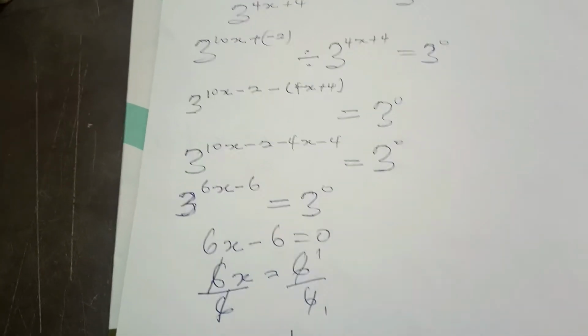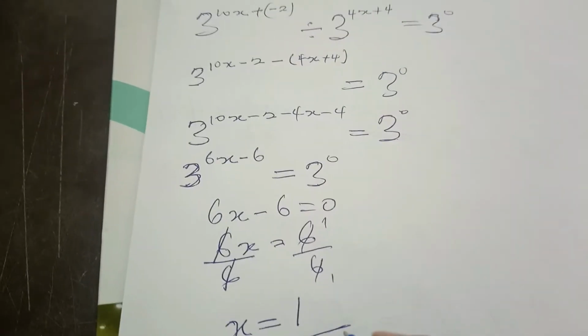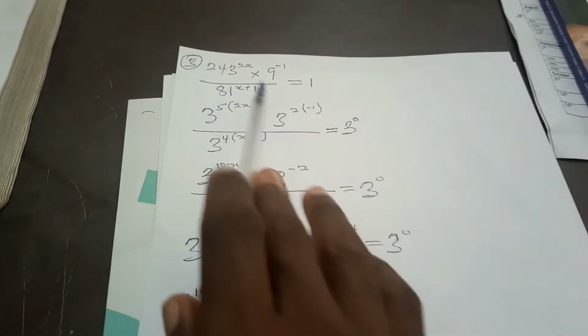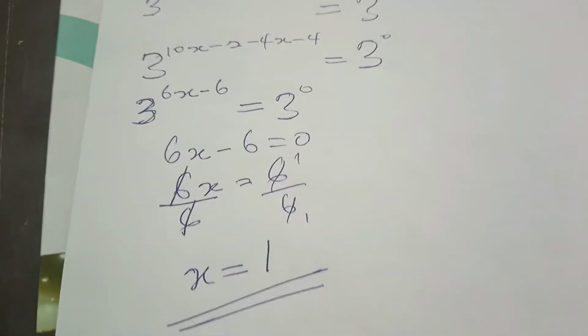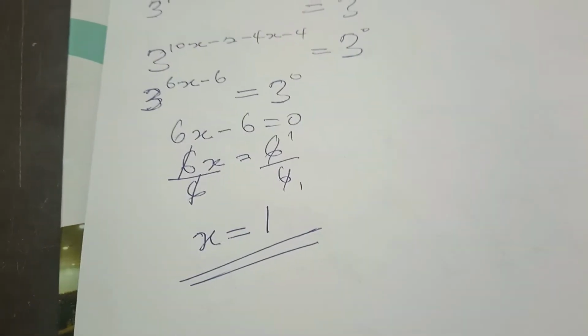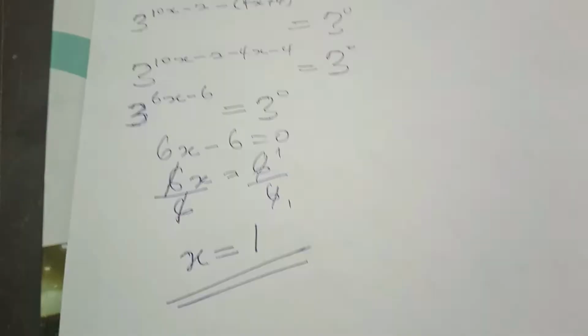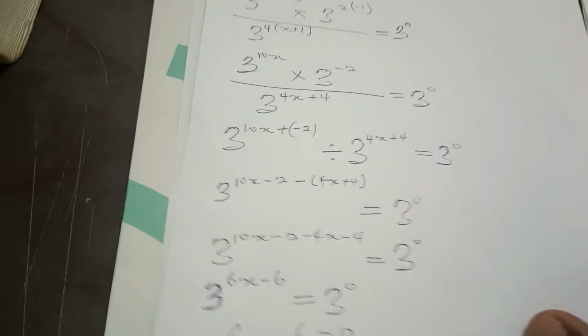Goes here 1, goes here 1. Our x will be equal to 1. So this means that for this equation, number 3, to be true, our x must be equal to 1. Let's take another example to help in our understanding.